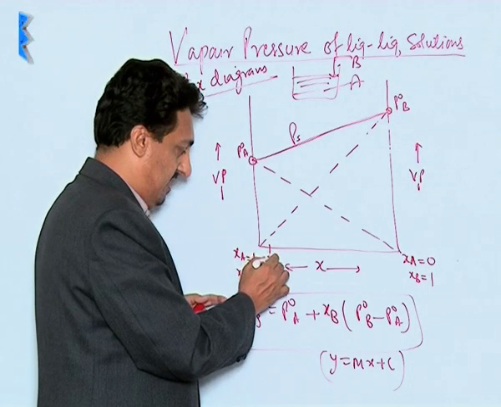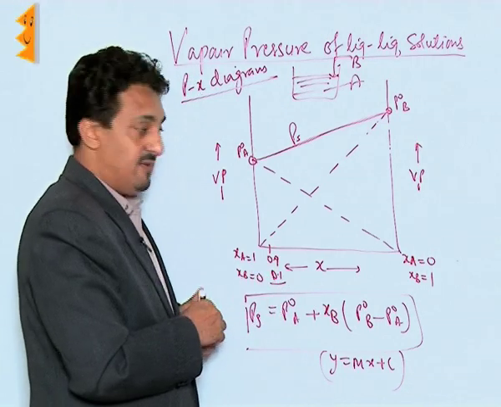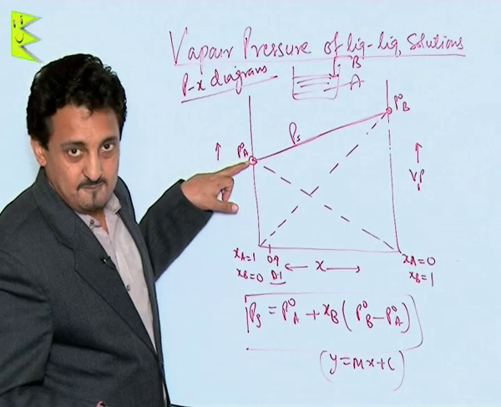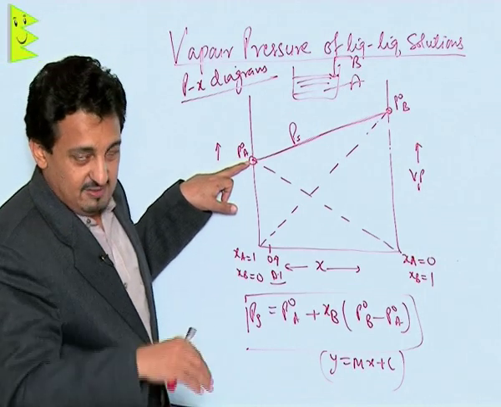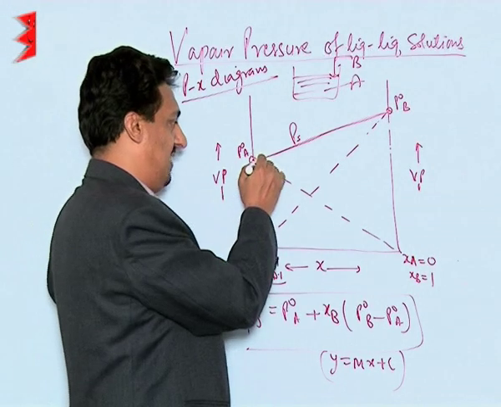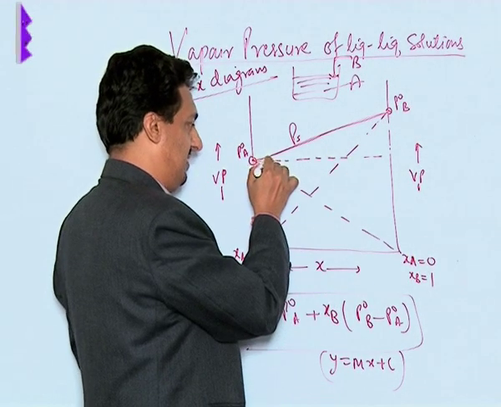It becomes, suppose, 0.9 and 0.1. Then the vapor pressure of the solution, which was P naught A, gets further increased to a certain value. If we draw a line parallel to the x-axis, this is what increases.